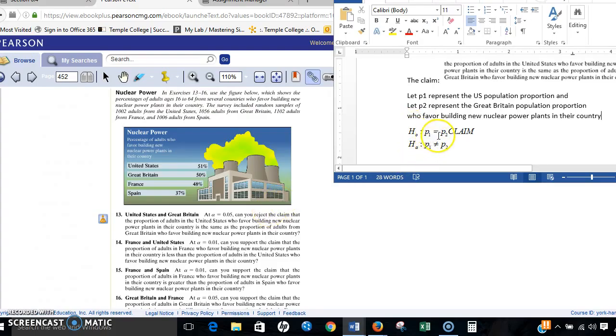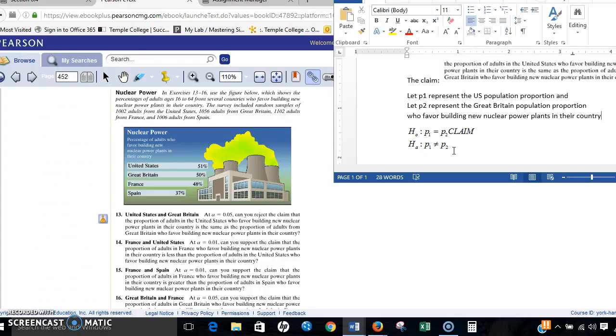Now, the word the same means equal, so our null hypothesis is our claim. The alternative hypothesis is the complement to equal, so it is not equal. So this is the null and alternative hypothesis statements that you would use in my stat lab when it asks you to state the hypothesis.